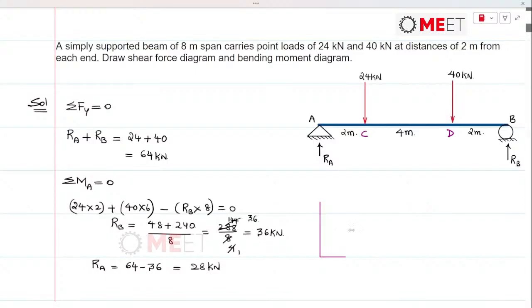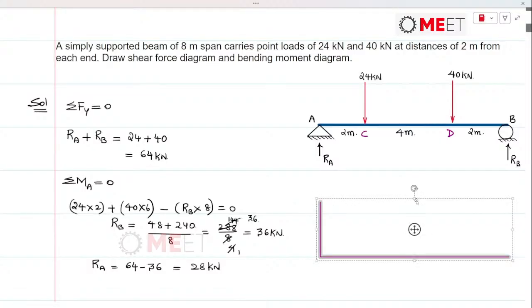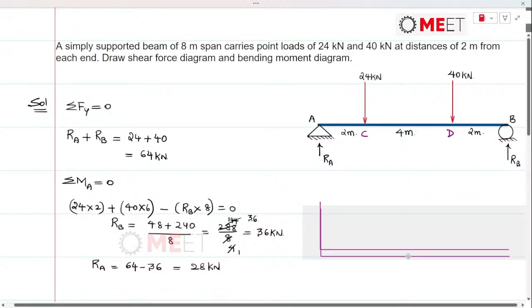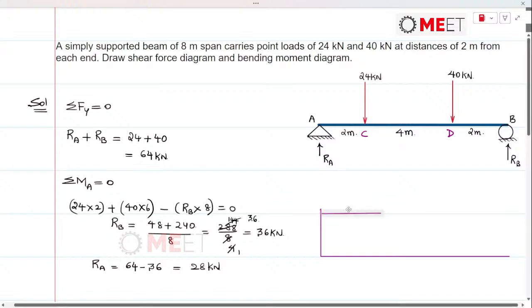and it will continue. This height is indicating 28 kilonewtons, and the shear force will be constant up till C, and from C onwards it is going to drop.